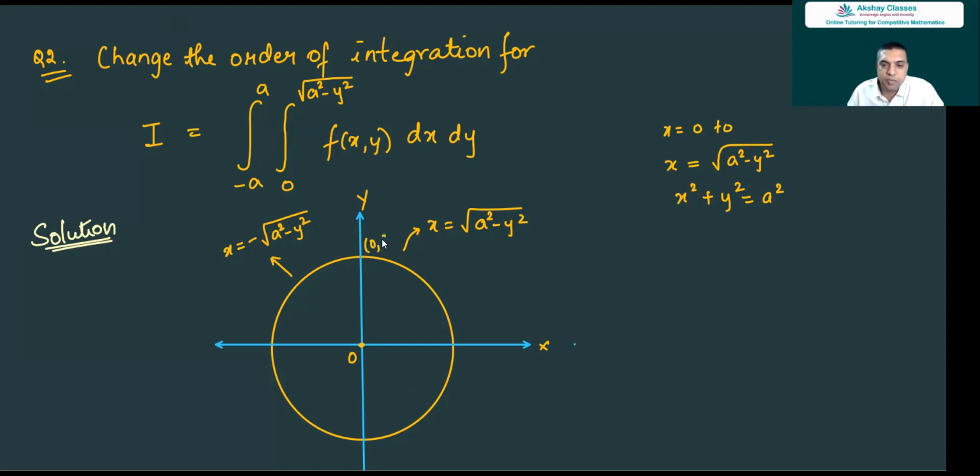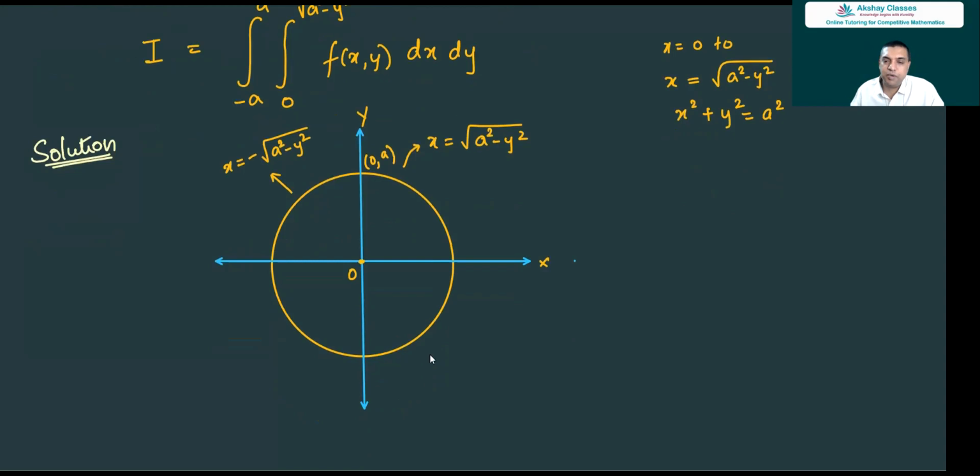This is 0 comma a, and this is 0 comma minus a. So our region of integration is this.